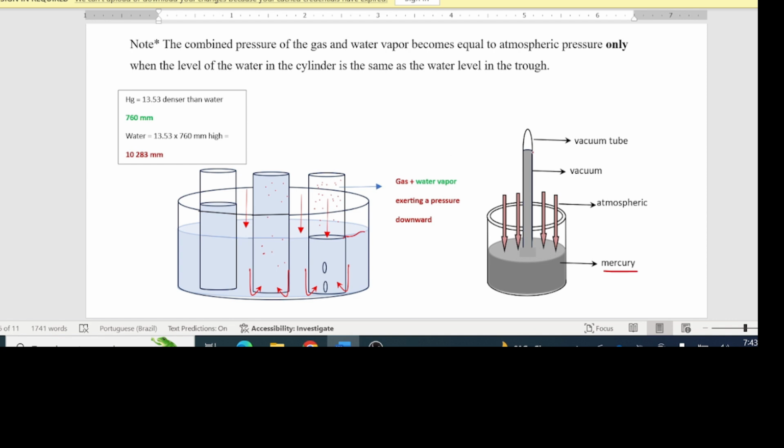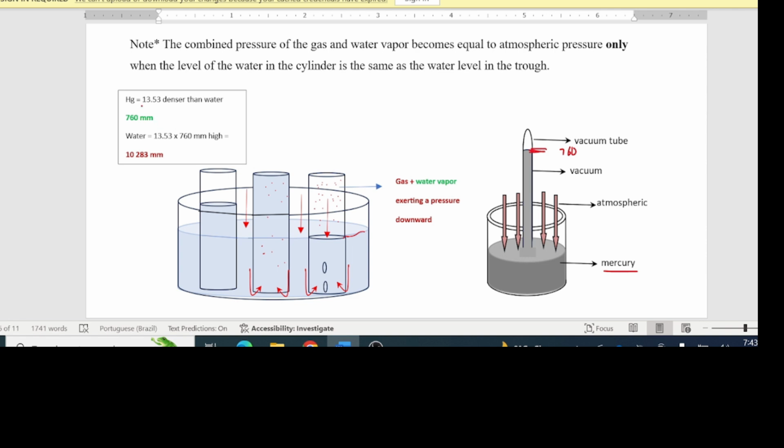Here we found that the height of the mercury was 760 millimeters. For you to have seen that, you had to take a glass tubing that was having a length greater than 760 millimeters, because the mercury height will be at least 760 millimeters.